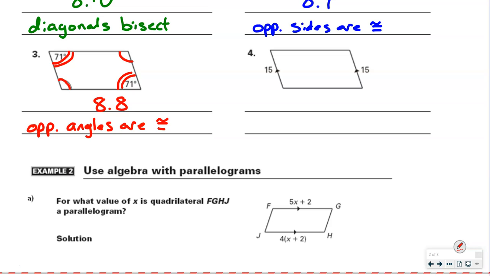And then looking at number 4, which theorem states that if you have one set of opposite parallel sides that are also congruent, that it is a parallelogram? So when our parallel and our sides are on the same side, they are congruent, and that is 8.9.